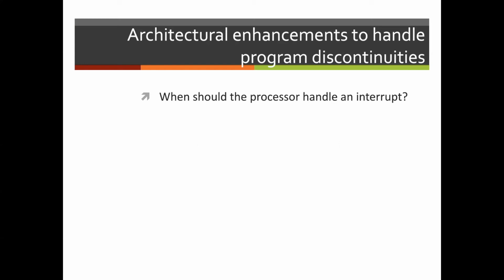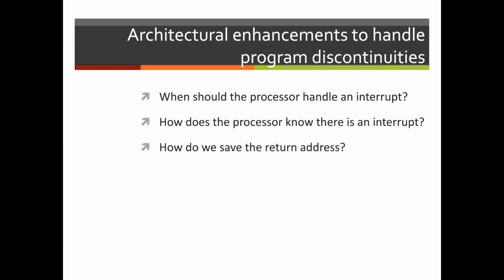And so what changes do we need in order to handle program discontinuities? We need to determine when the processor should handle an interrupt. We need to understand how the processor knows that there is an interrupt. How are we going to be able to save the return address?